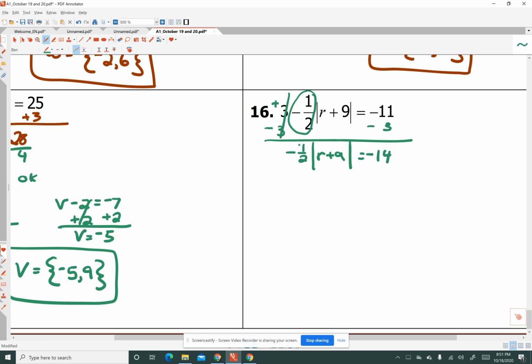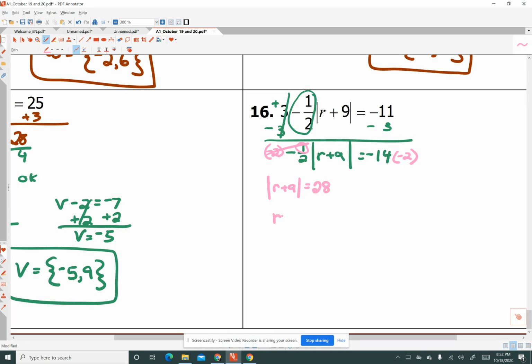Now, we have a 1 in the numerator, and we have a 2 in the denominator. That means we can multiply both sides by negative 2, and that will completely eliminate this fraction and leave us with the absolute value of r plus 9 equals positive 28.